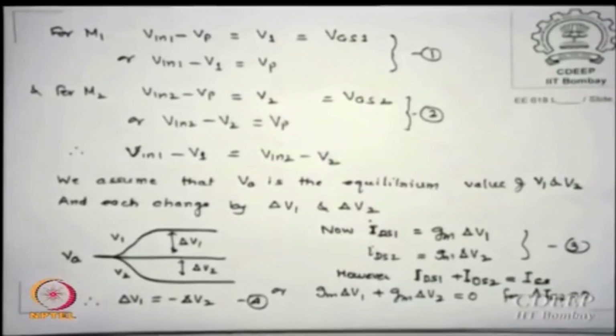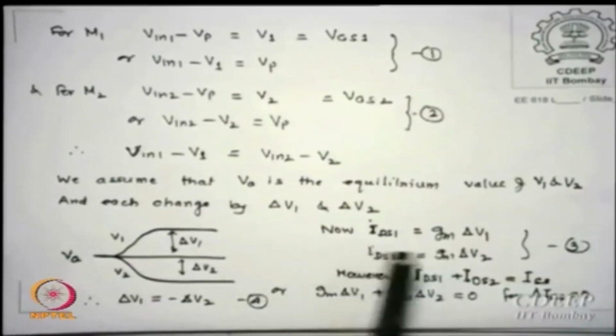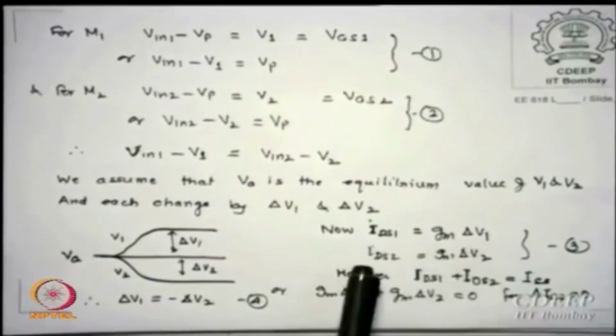For small signal analysis, delta means small signal, so IDS1 is gm delta V1 and IDS2 is gm delta V2, assuming M1 and M2 are identical.